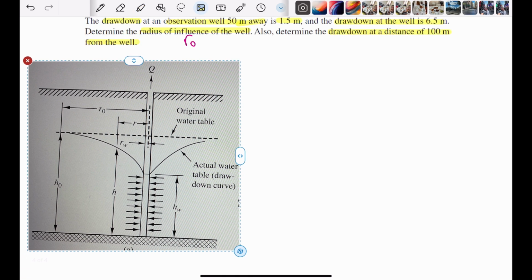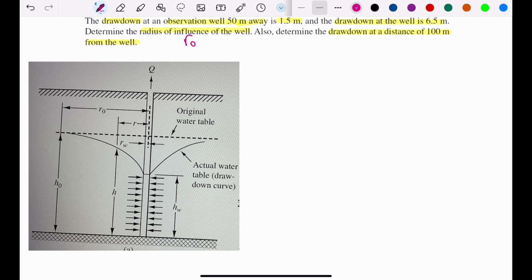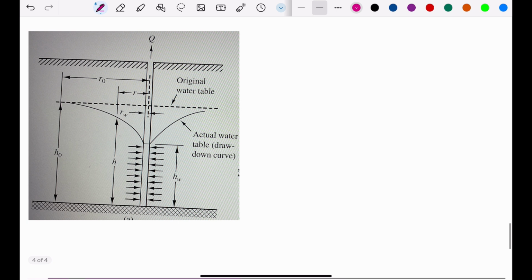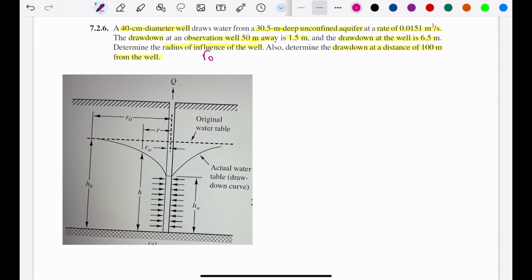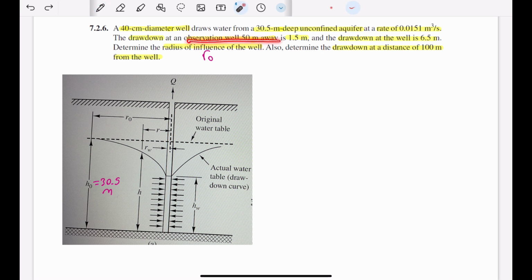Similar to the previous question, let me draw some information. So first of all, we have a 30.5 meter deep unconfined aquifer. We have 30.5. And we have an observation well 50 meters away.